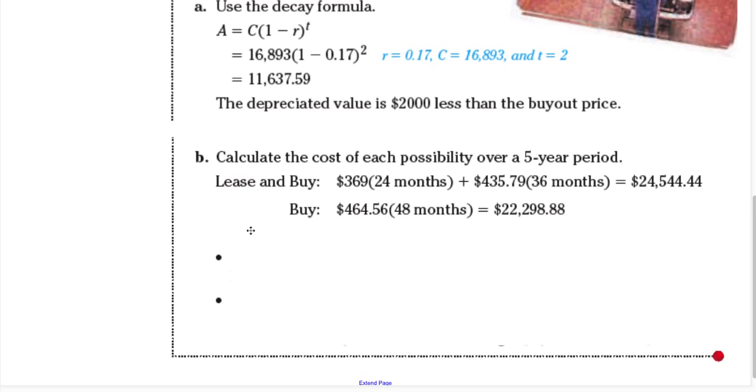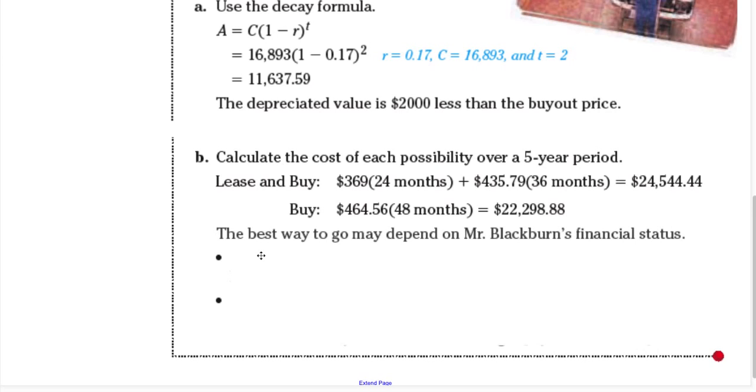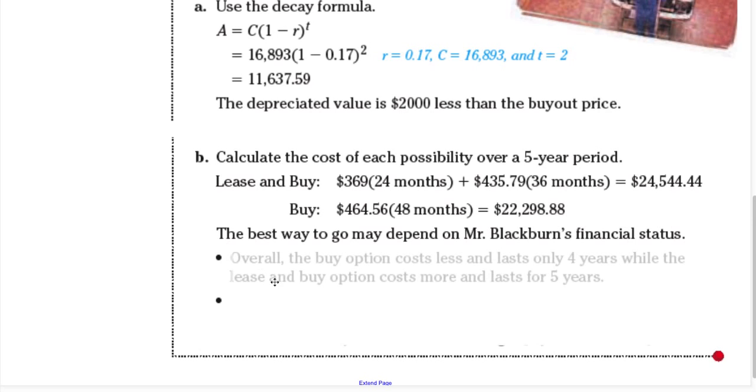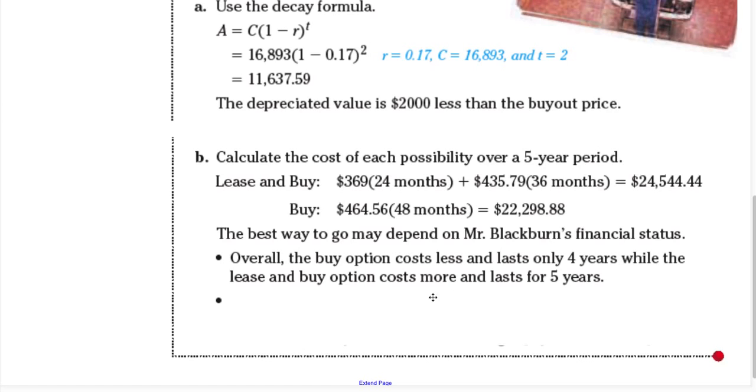But again, it depends on Mr. Blackburn's financial status. Okay, so overall the buy option costs less and lasts only 4 years, while the lease and buy option costs more and lasts for 5 years. Okay, now that is the best way to go.